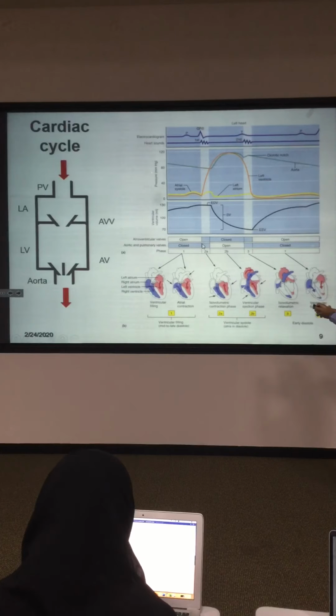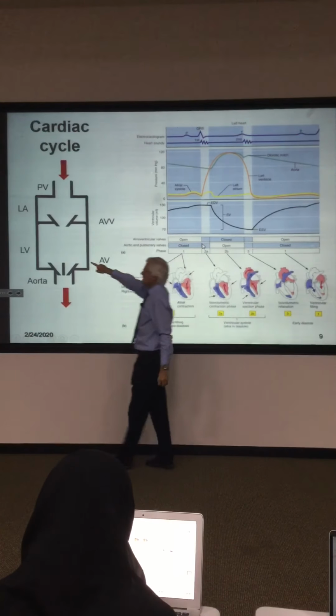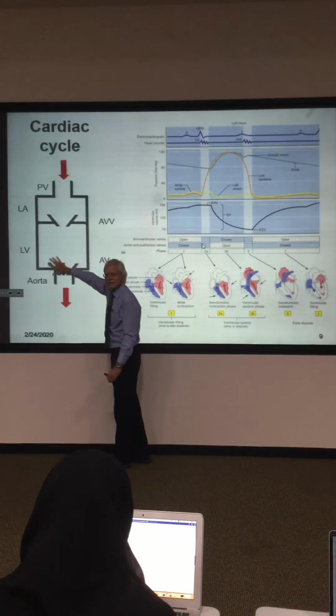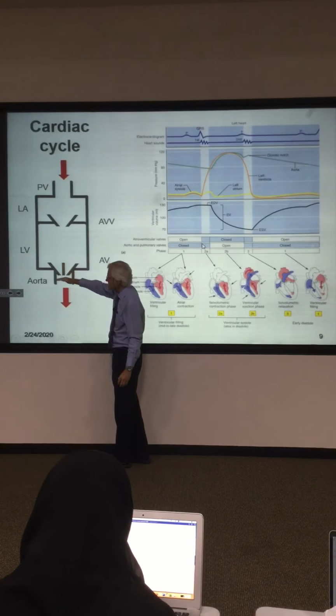As the pressure builds up, at some critical point, the pressure in the left ventricle is higher than in the aorta. So the aortic valve will open, and now it's like this chamber and this are one and the same, aren't they? So the pressure will rise in the ventricle, it will rise in the aorta at the same rate, won't it? Because the door is open.